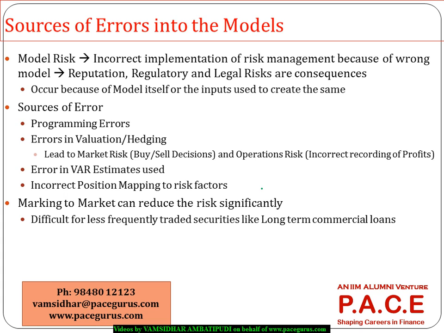In this, the prime thing is the model which is being used to construct the value at risk. We are trying to see at what all locations the error can come into the model. So when we talk about the model risk, we are talking about failure in the risk management mechanism, not being able to implement risk management properly because of the wrong usage of the model, either because of incorrect specifications given into the model or because of incorrect application of the model, or because of various things.